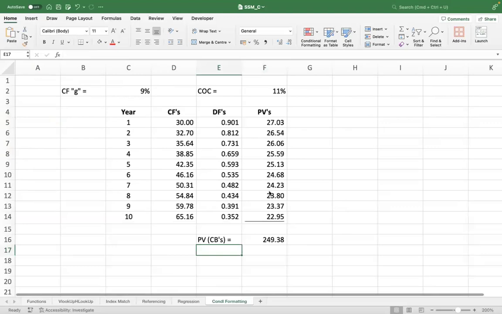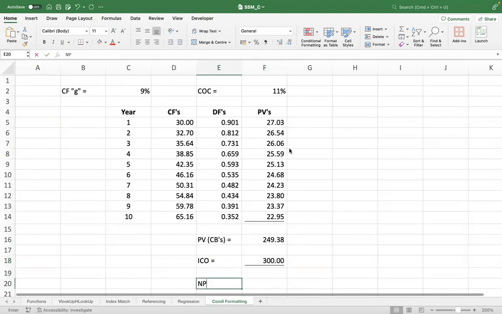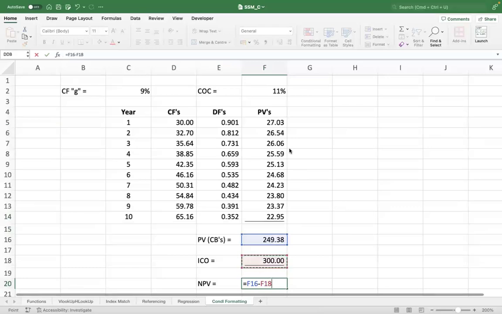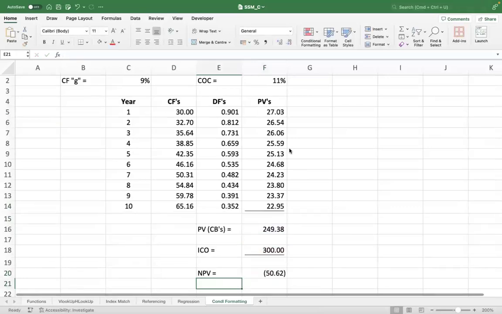249.38 crores. Now let's say the initial investment in the project is 300 crores. Now tell me, is this project viable? Yes or no? Net present value is negative, isn't it? Why is it negative?